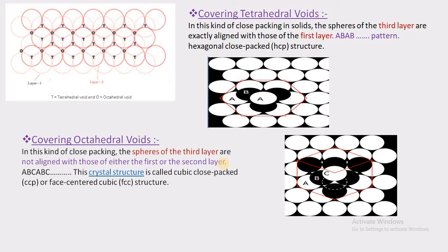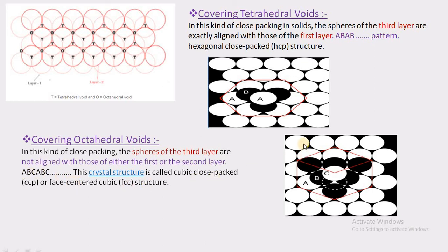These spheres of the third layer are placed at a different position, and this structure results in the cubic close packed structure or face centered cubic structure, due to the arrangement of ABC.